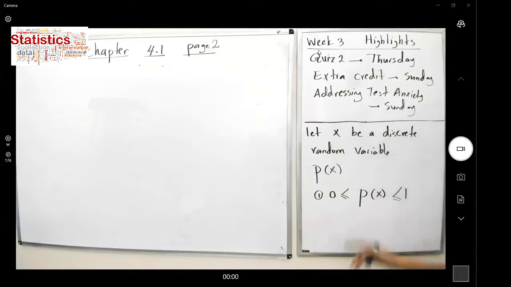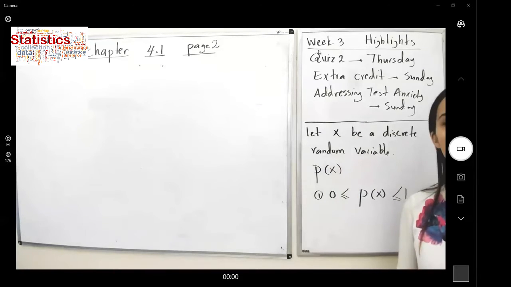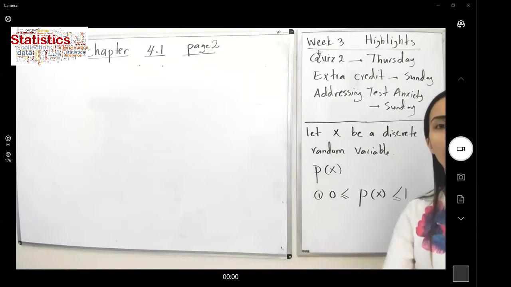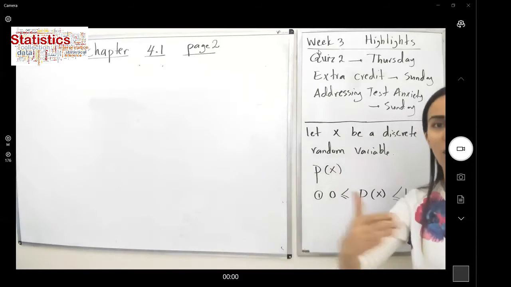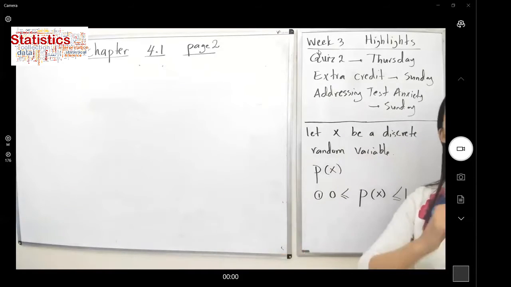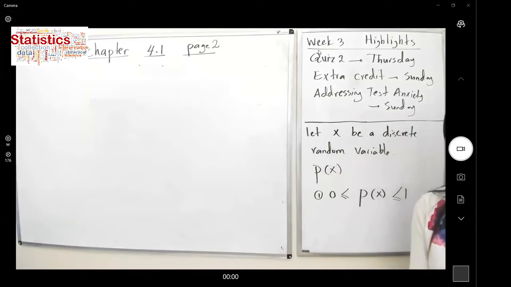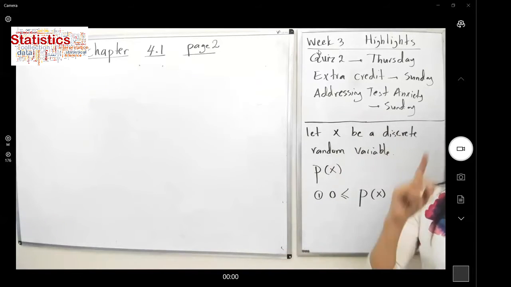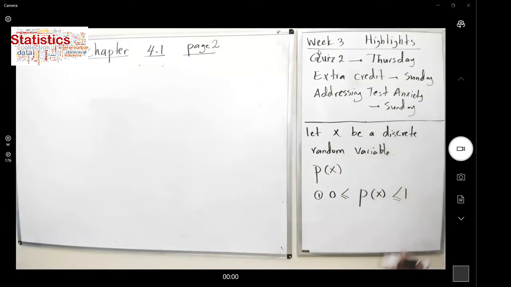Second of all, remember that if X is a discrete random variable, it means that it is countable. It takes on countable values. So if you find the probability for each of those counts and add them all together, it must be equal to 1, 100%.